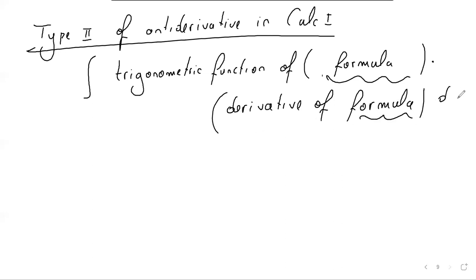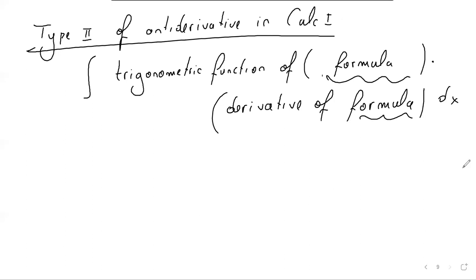All right, dx, let's say. That is, folks, this is the type 2 of the antiderivative in Calc 1, and that is the calculation that we're going to perform over and over again when we see problems like this.